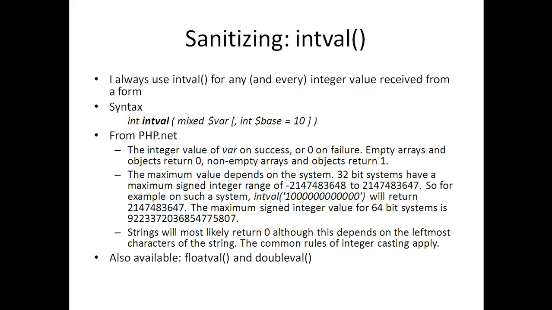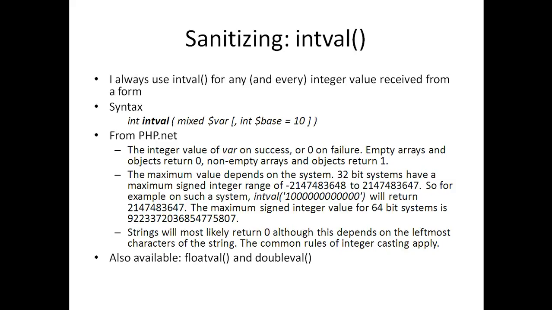It's basically a power of 2. So for example, in such a system, intval of a really large number will return the number that I read out before. The maximum signed integer value for 64-bit systems is a much larger number. That is the signed integer value, okay?